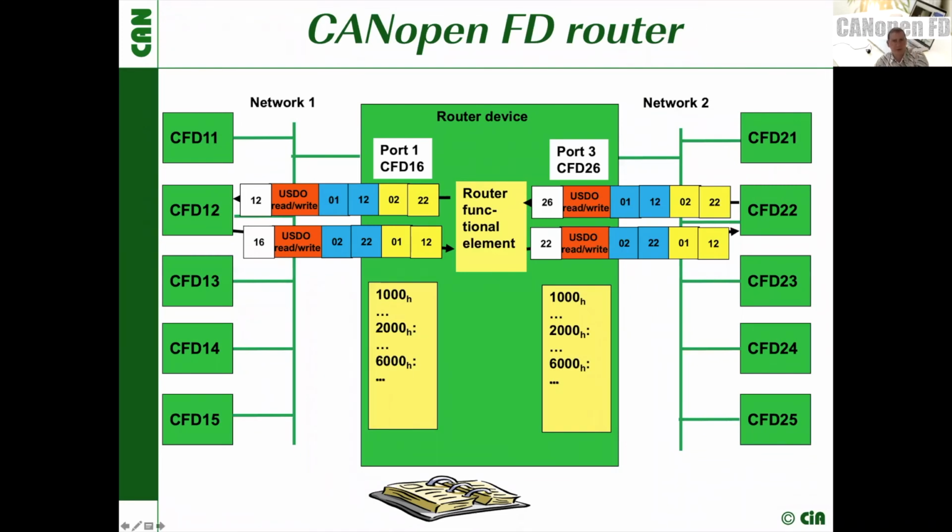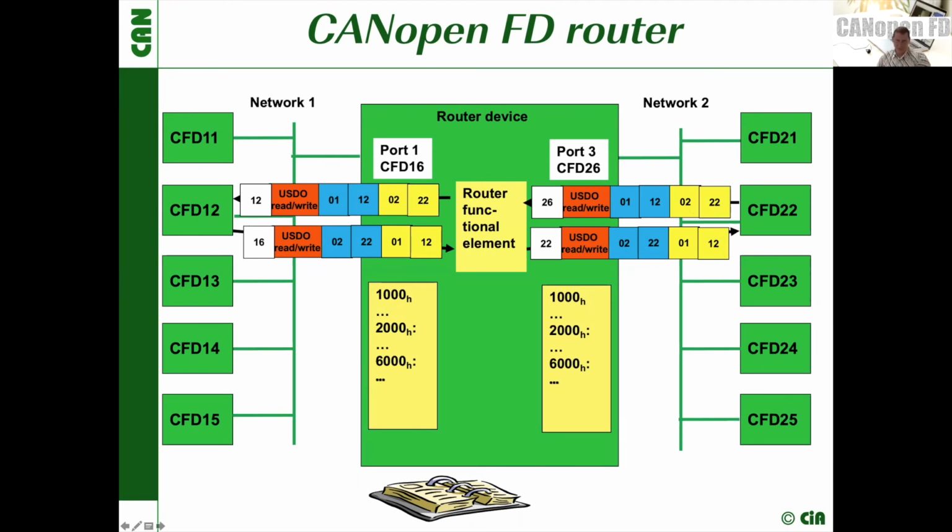We have here two networks, network 1, network 2, and we see here in our CANopen FD environment, if the CANopen FD device 22 wants to access that device, it sends the routing command, hey, my router device, node ID 26, please pass this request further to the node 12 in network 1, and I'm the node 22 in network 2.